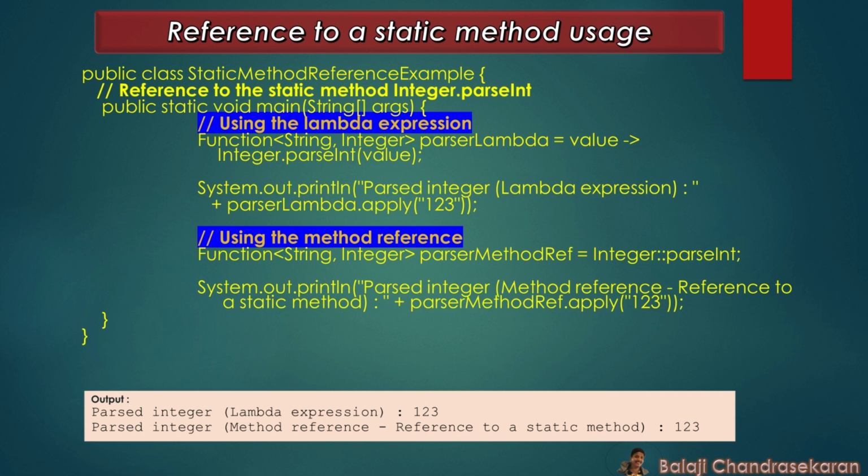The reference is then assigned to a function that takes a string as input and returns an integer, using a lambda expression and a static method reference. When parserLambda.apply and parserMethodRef.apply of "123" are called, they invoke the parseInt method to parse the string "123" into an integer value.